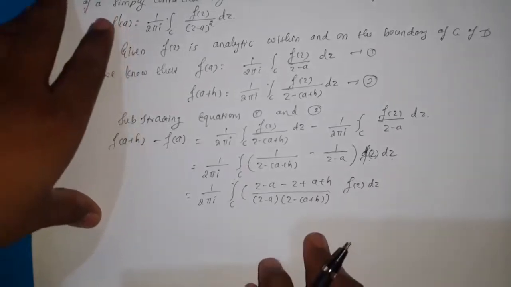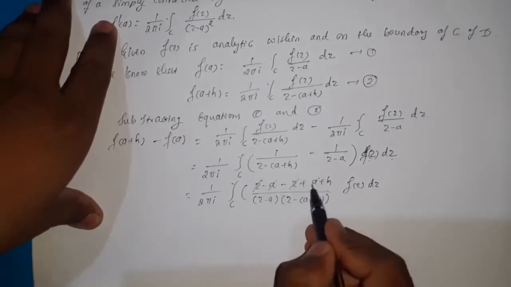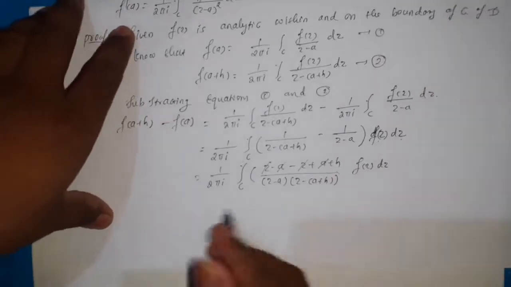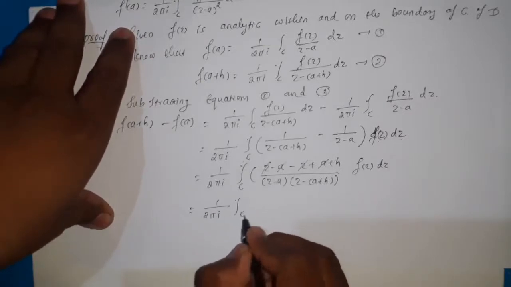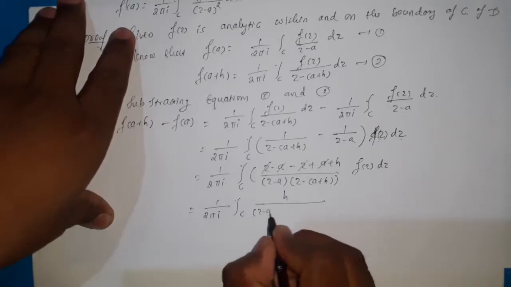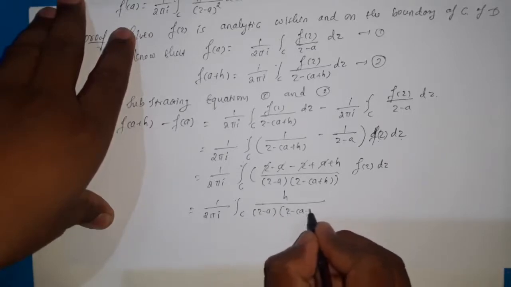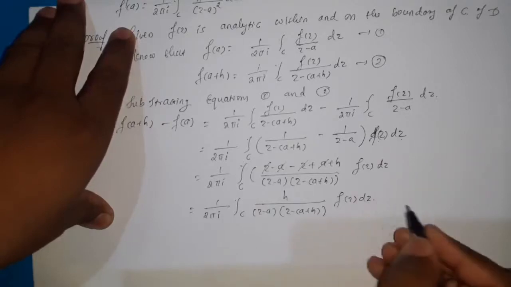So here in numerator, z minus a plus h, the a's get cancelled, then it is equal to 1 divided by 2 pi i integration over C h divided by z minus a into z minus of a plus h into f of z dz.